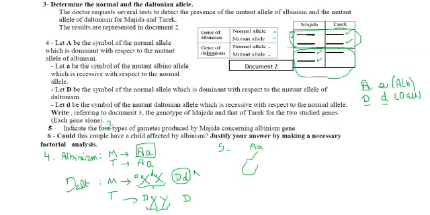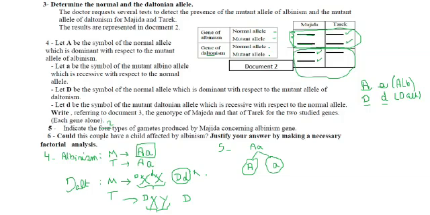The 2 gametes that Majida will give: in each daughter cell or gamete, in this gamete we have capital A, and in this gamete we have small a. What was written, capital A and small a, is correct.